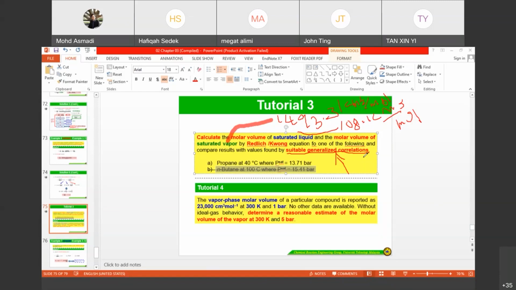Which one? I don't know. When I teach you, do you understand or not? A little bit slow?